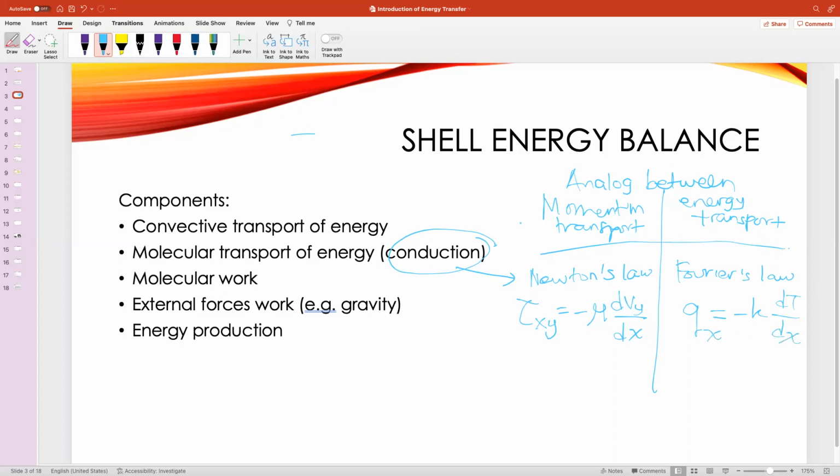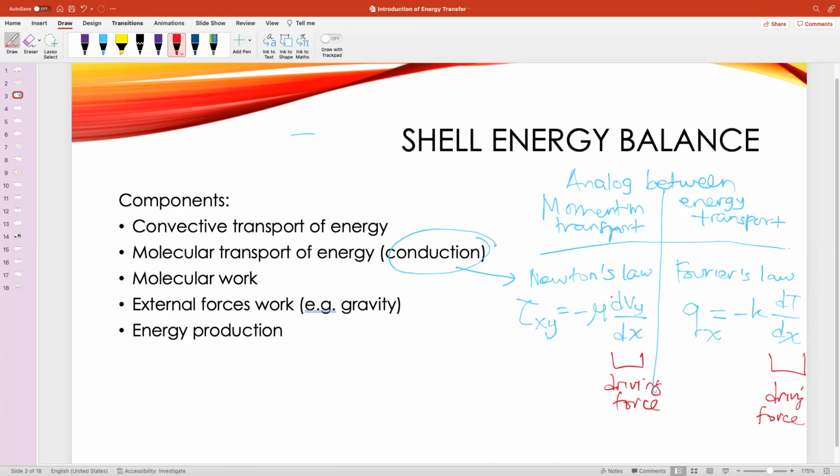If you think about it, this is also a driving force, and this is also a driving force. The higher the driving force, for example the velocity difference over a distance, and also the temperature difference over a distance, the higher the flux.